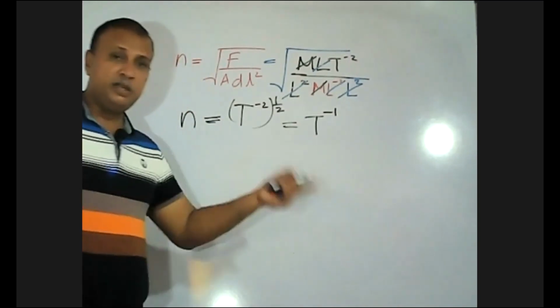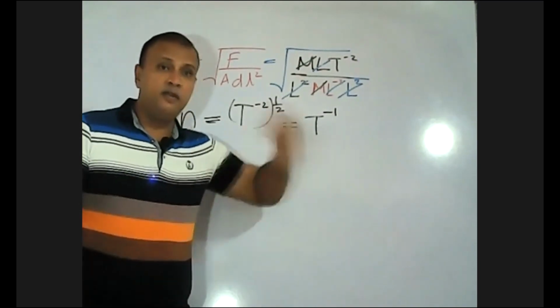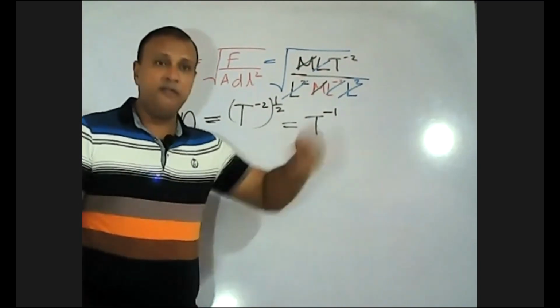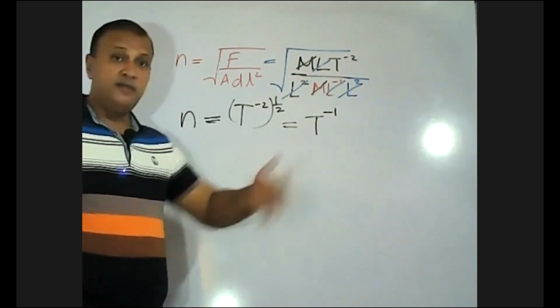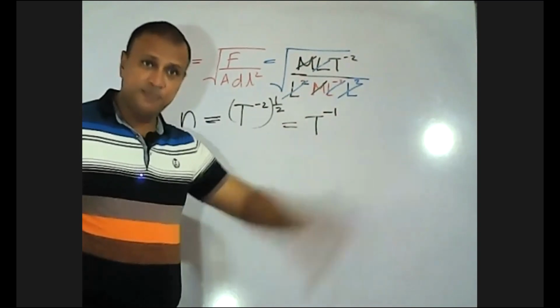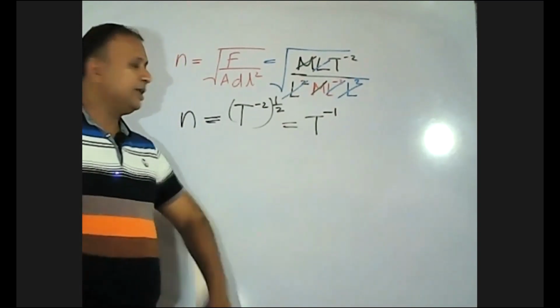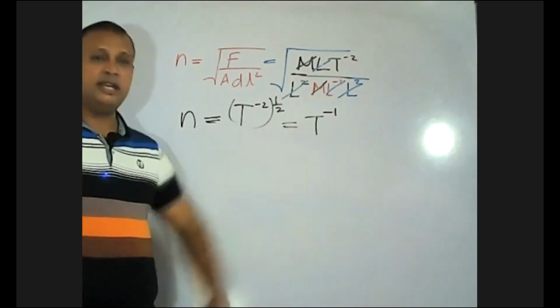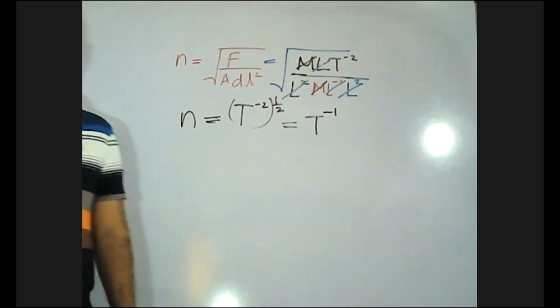So what is the frequency? Number of revolutions per second. That is equal to frequency. Therefore, this is equal to frequency, that means number of times per second.